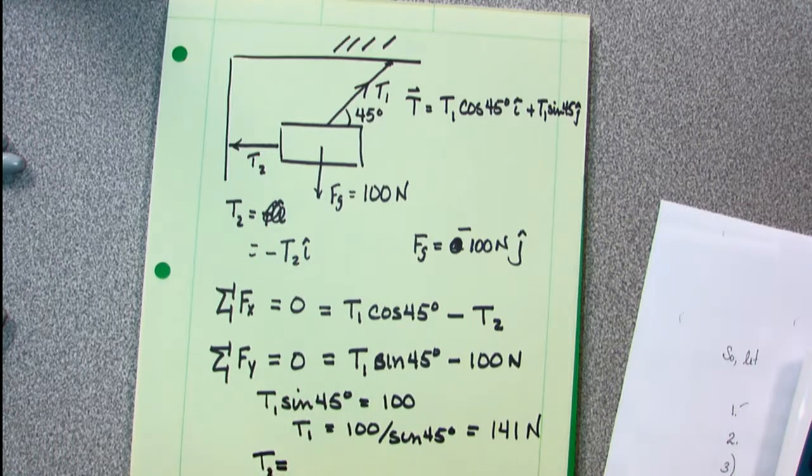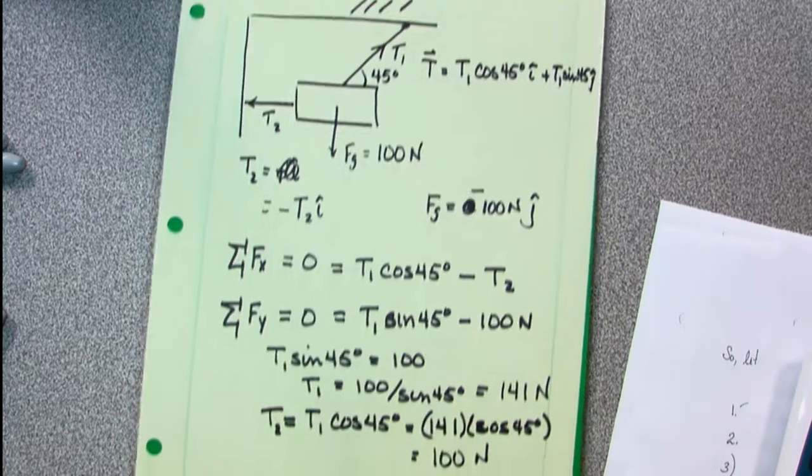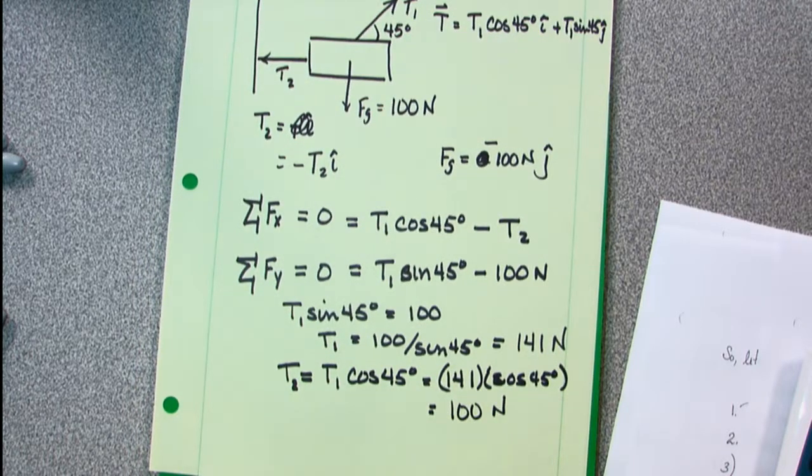T2 from the first one is equal to T1 cosine 45 degrees. So it's going to be 141 cosine 45 degrees, and that's 100 newtons. And the reason that worked out to be 100 newtons is because I used 45 degrees. Okay?